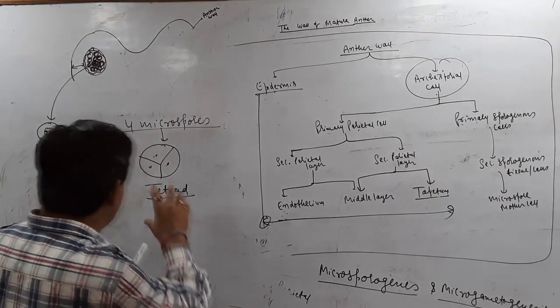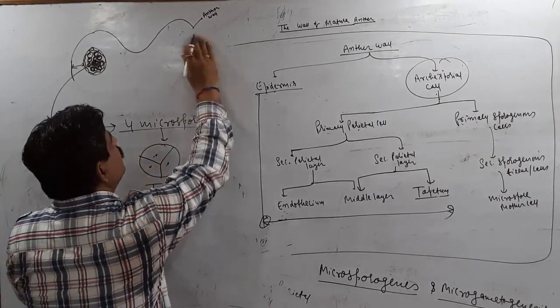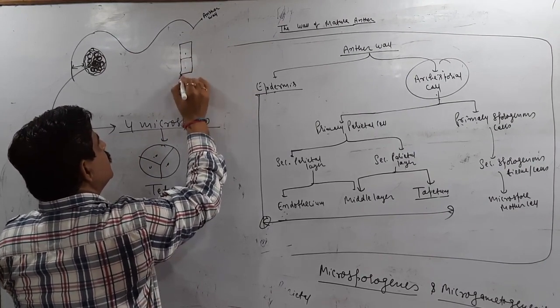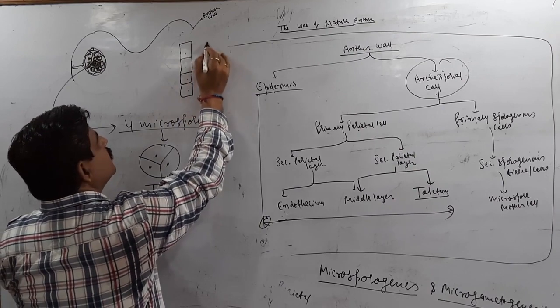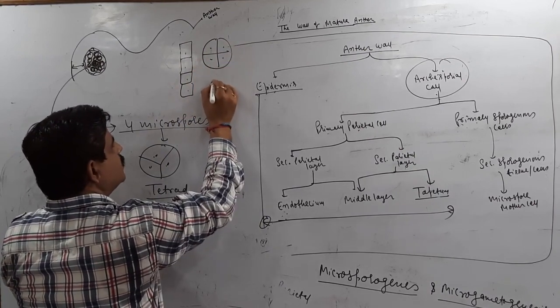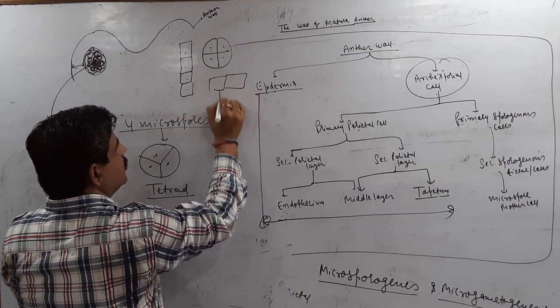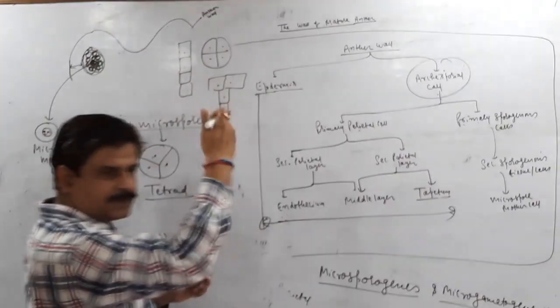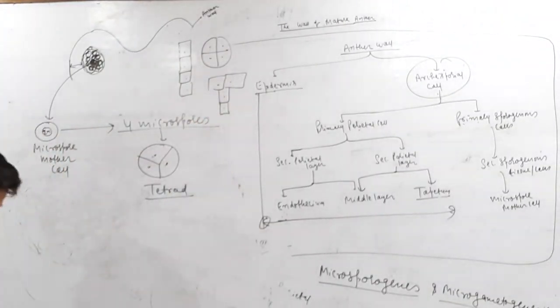The other possible arrangement is that it may be linearly arranged in some plants. It may be arranged like this. It may be arranged in the form of a T-shape. There is variation in the arrangement in different plants.